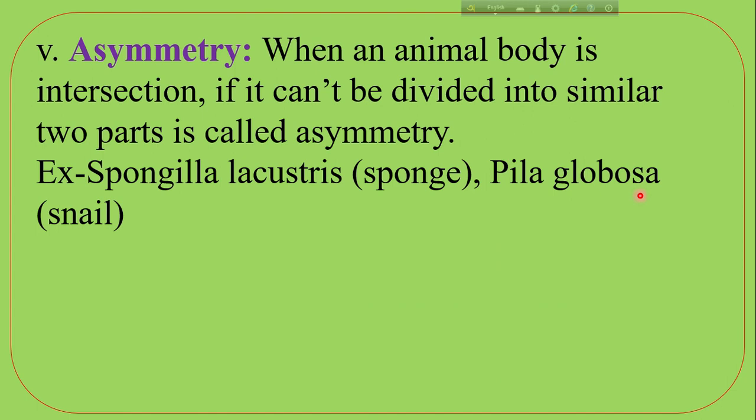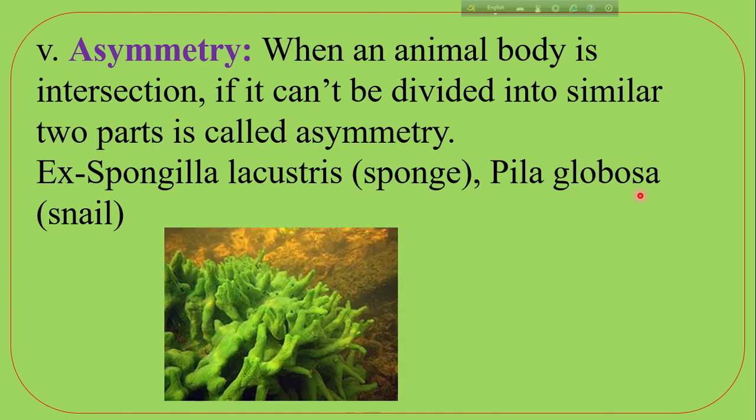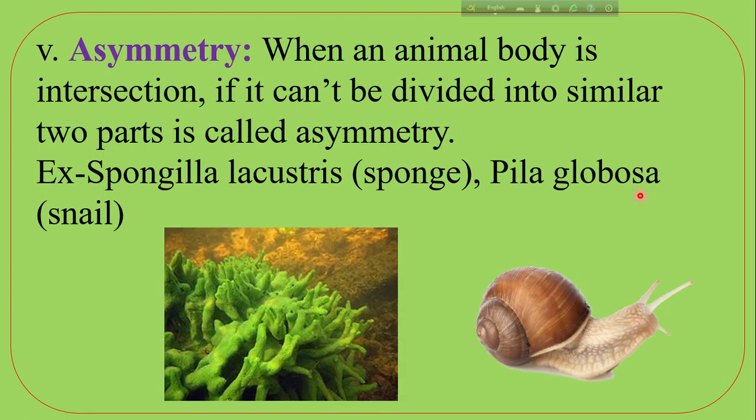Example, Spongilla, Leucosolenia or Pila globosa. Picture: sponge, snail. They have no symmetry. They have no type of symmetry. We cannot divide them into at least two same parts. That's why this type of animal is called asymmetry.